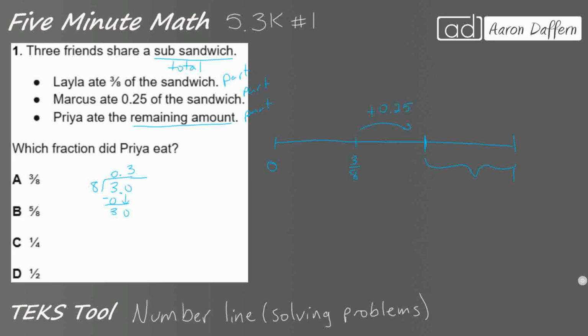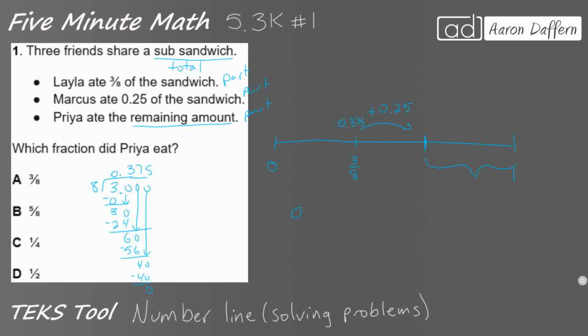So that goes 3, and that's 24. So 6, let's bring down the 0, 56, and then that's going to be your last one, 5. So we could do that. We can say 3/8 is the same as 0.375.